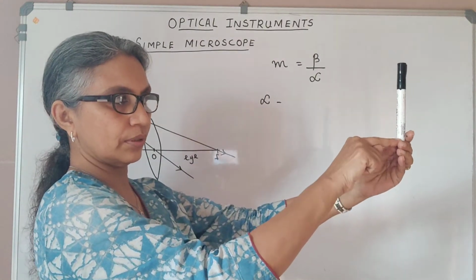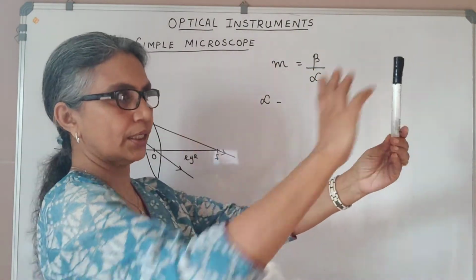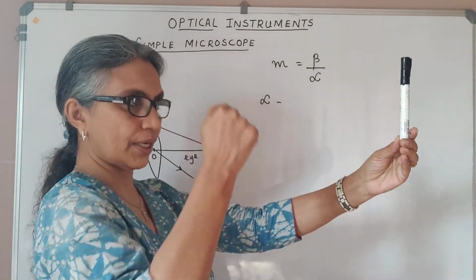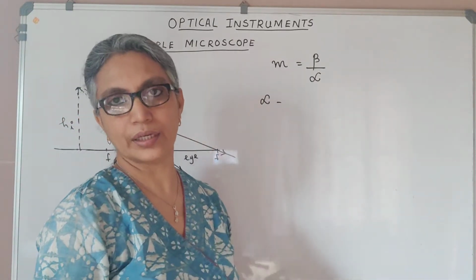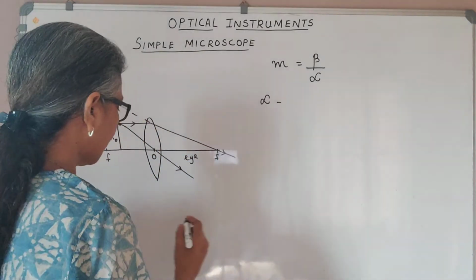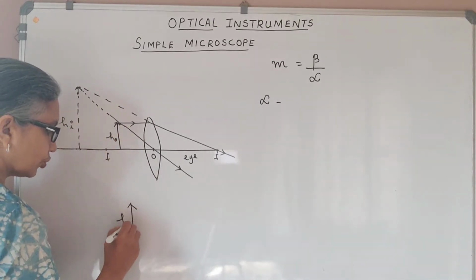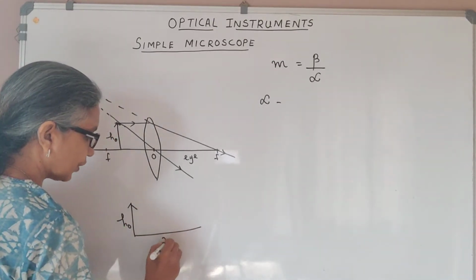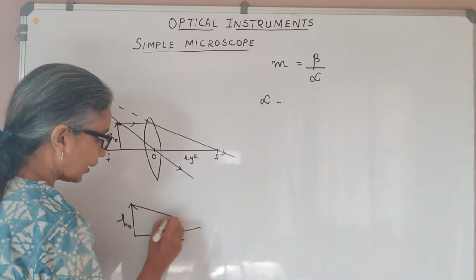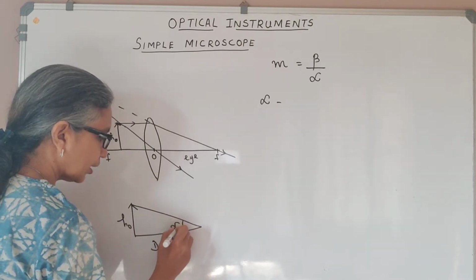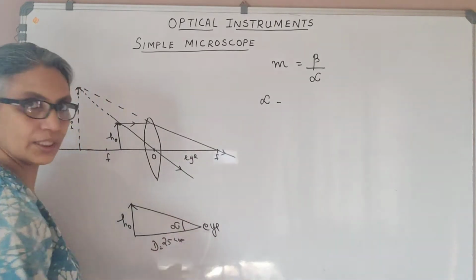and another ray coming from the top of the pen to my eye. The angle that it subtends at my eye when the object is kept at a distance of 25 centimeter is what you call alpha. If you show it with a diagram, this is the object, Ho, which is kept at 25 centimeter, which is what you call D. Whatever angle it subtends at the eye without any lens, with no magnification, that is what you call alpha.